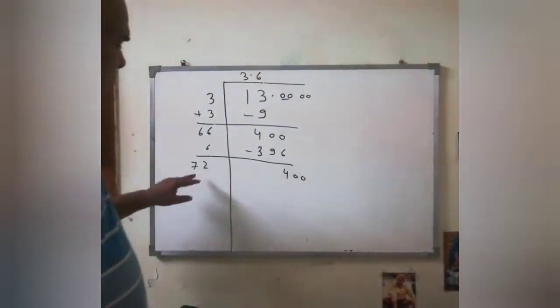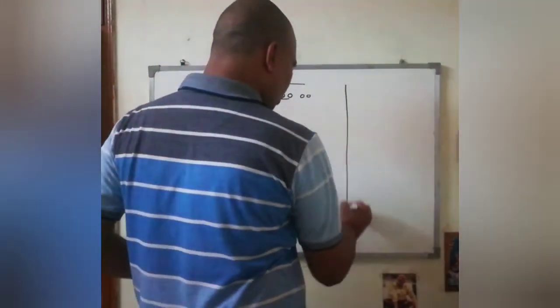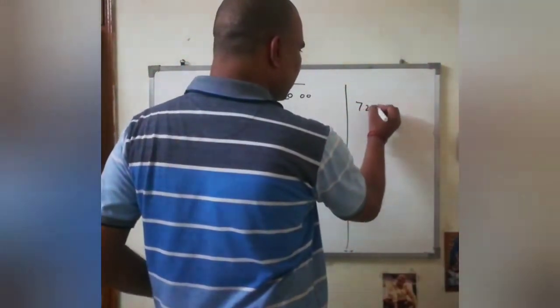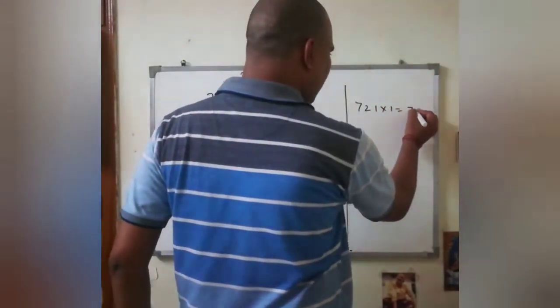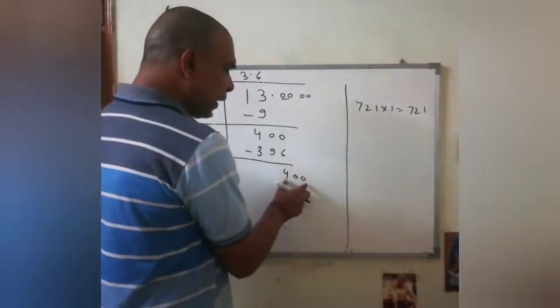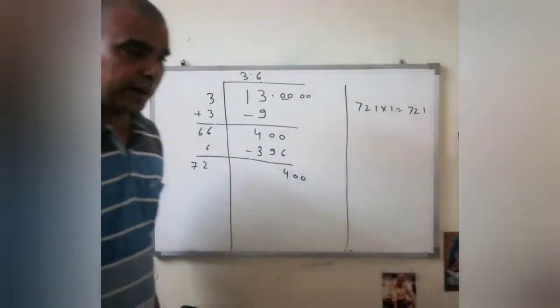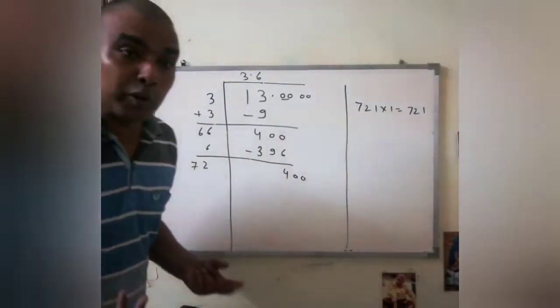If we put 721 into 1, it is exceeding 400.